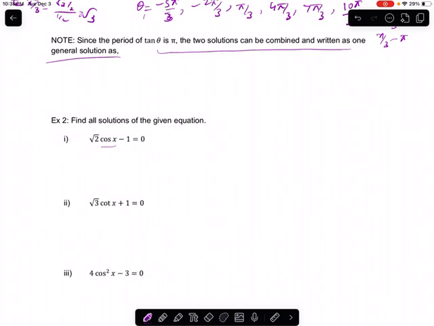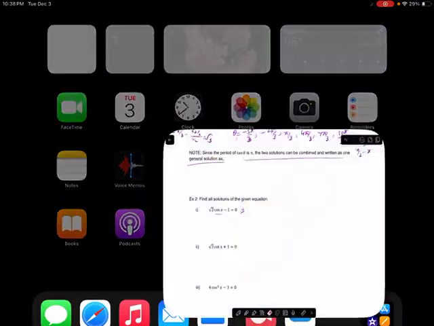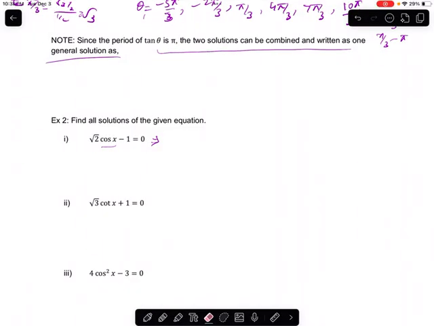So I can write it like, maybe I'll just go down here. Square root of 2 cosine of x is equal to 1. So cosine of x is equal to 1 over square root of 2, which when rationalized gives me square root of 2 over 2.